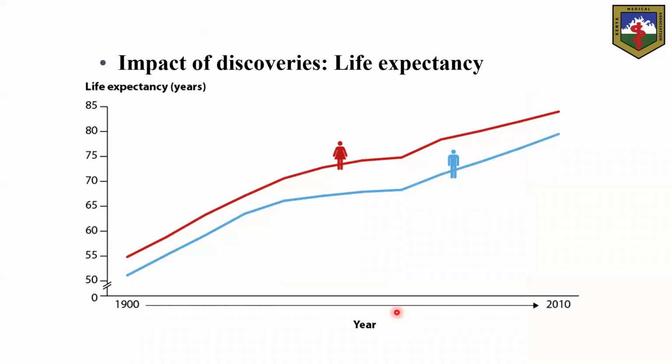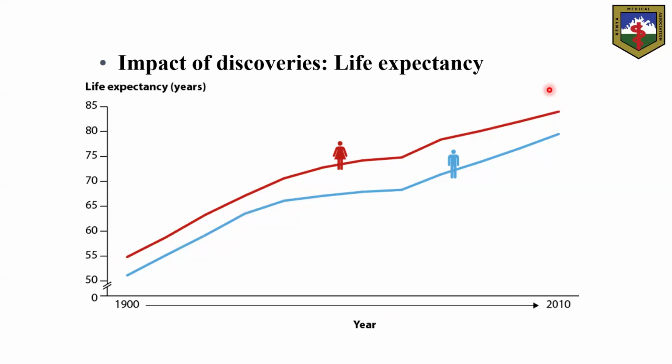And what has this done to life expectancy? Again, if you look at life expectancy, the trajectory has also increased, from just around the mid 50s, slightly higher for females, who experienced a lot of childbirth-related mortalities, and the life expectancy is way up there.